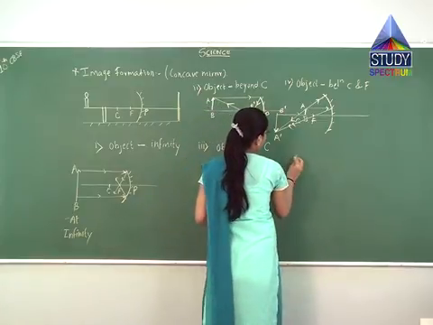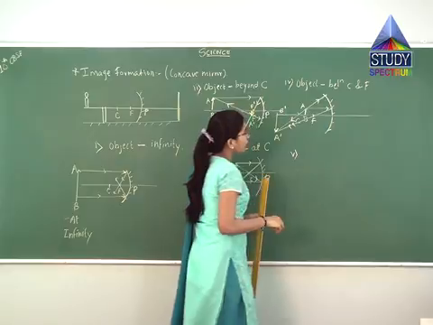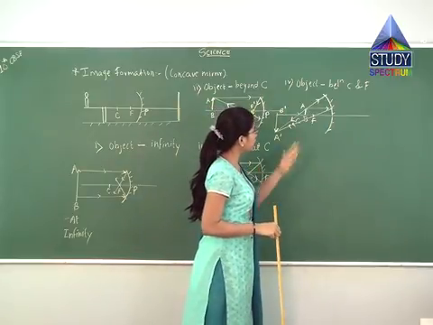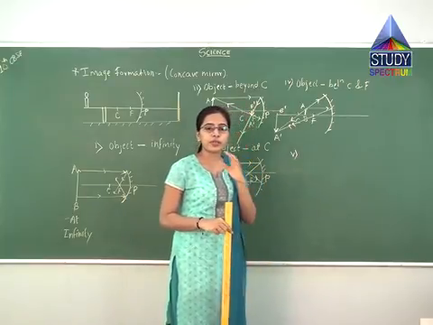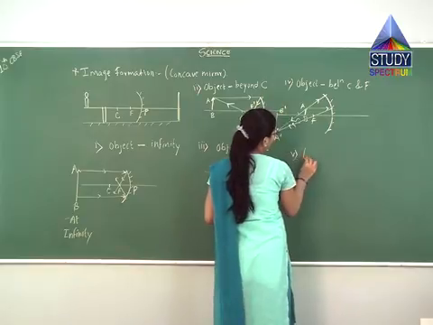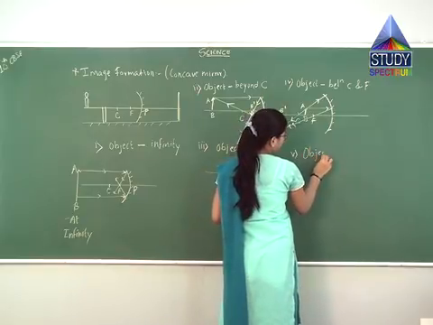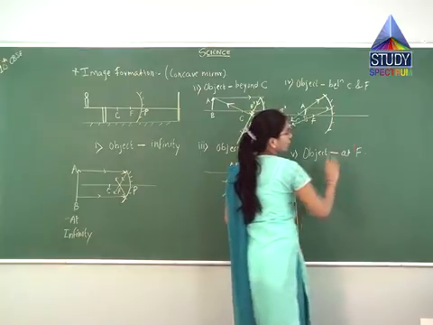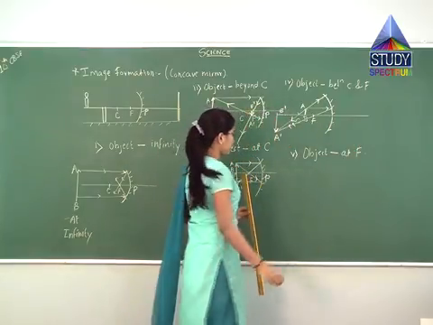Now in the fifth case, we will move the position of the object to F, means we will put our object at point F here. So the object is placed at the principal focus.